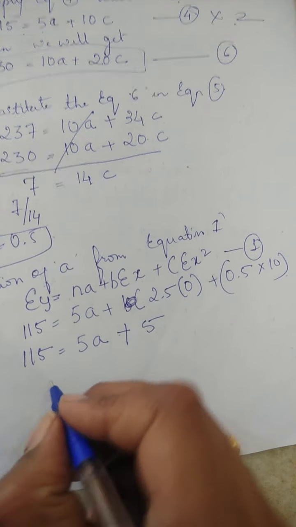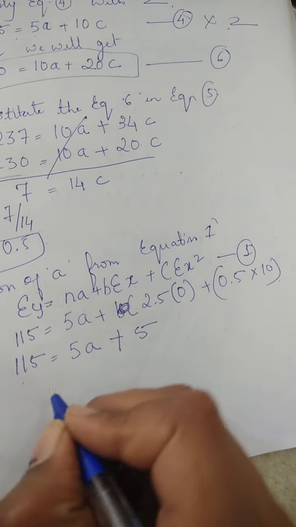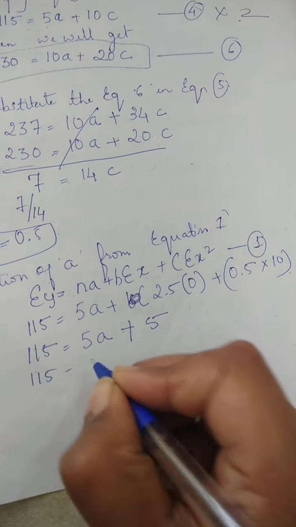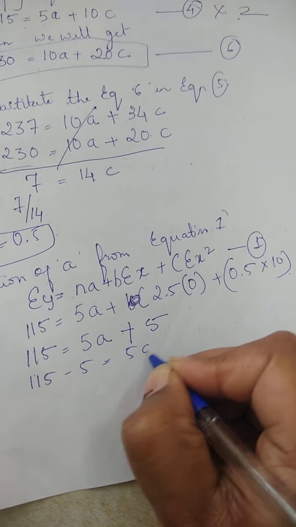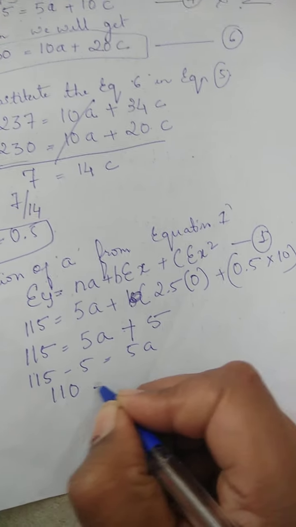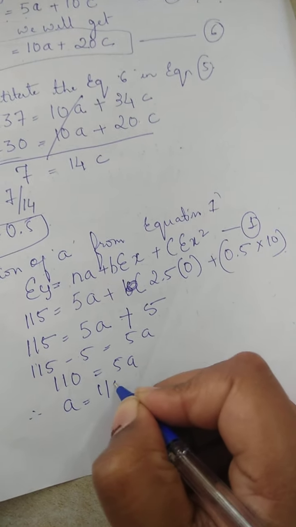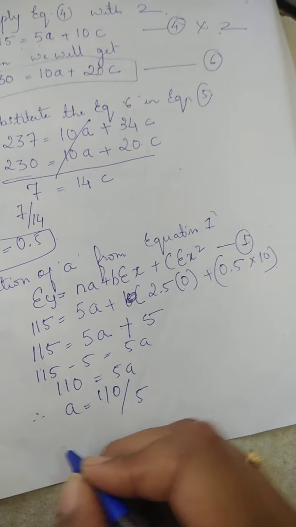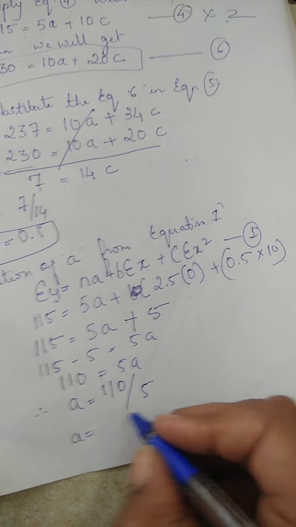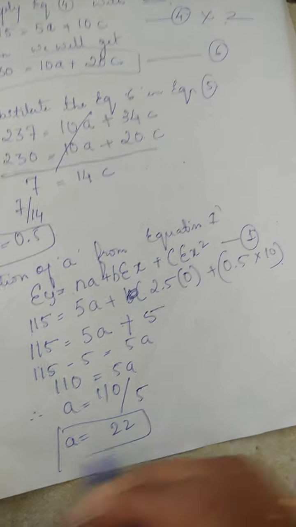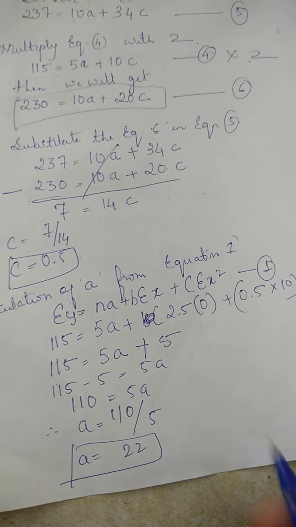So take this to the other side: 115 minus 5 is equal to 5a. That is 110 is equal to 5a. Therefore, a is equal to 110 divided by 5. So the value of a is 22. Now we got the values of a, b, c.